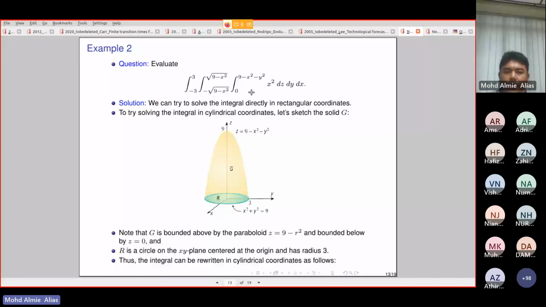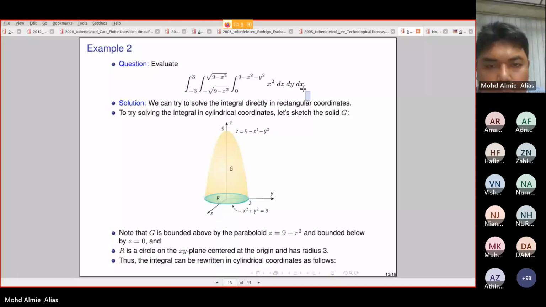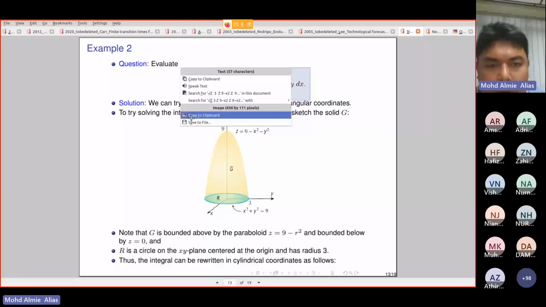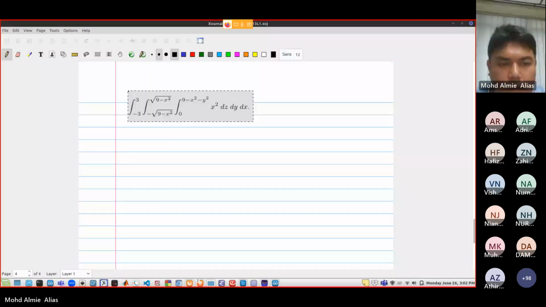So in this case, we need to understand this. What is this? We need to be able to sketch the solid in order to understand it. So let's paste it here.